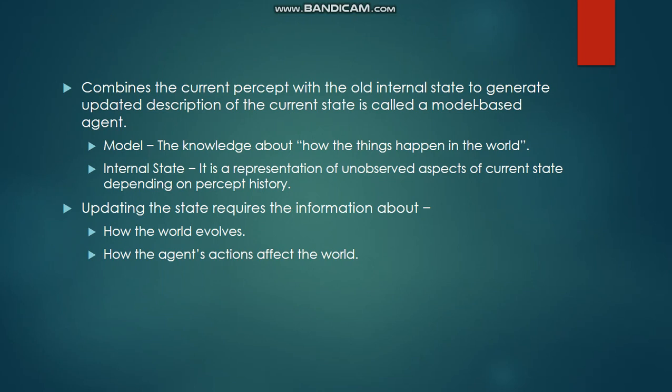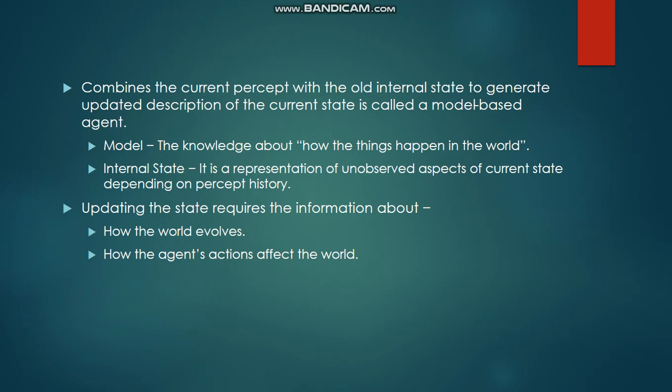As I said, it combines the current perception with the old internal state, and it will give the output. So what is meant by the model? It's knowledge about how things happen in the world. And what is internal state? It is the representation of unobserved aspects, because not each and every aspect will be observed every time. So with the current state and the perception history, it has to decide.